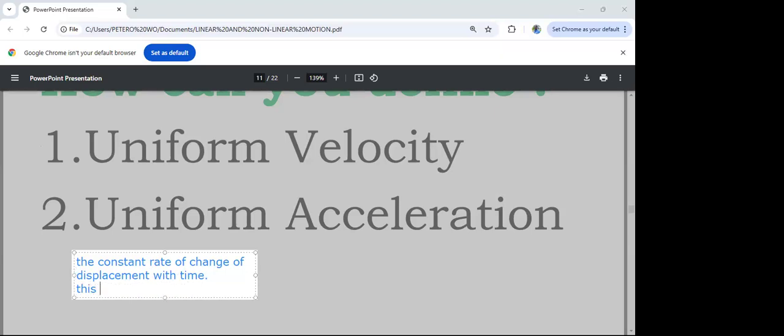Or you can say this is when a body moves equal distances or displacement, equal displacements in equal time intervals.